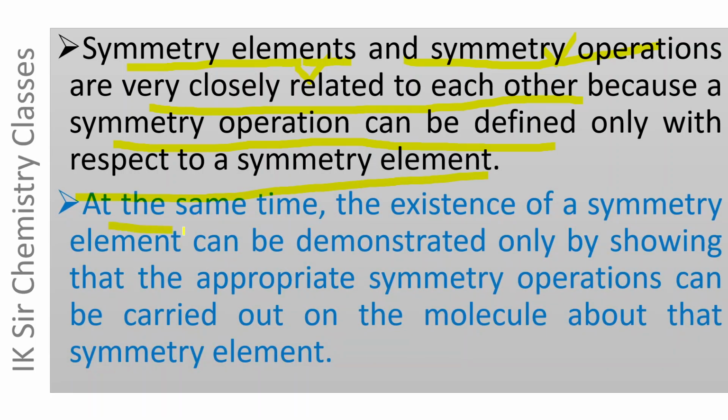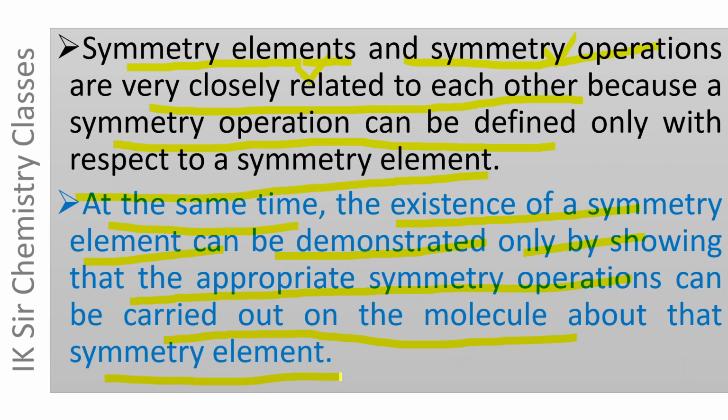At the same time, the existence of a symmetry element can be demonstrated only by showing that appropriate symmetry operations can be carried out on the molecule about that symmetry element.